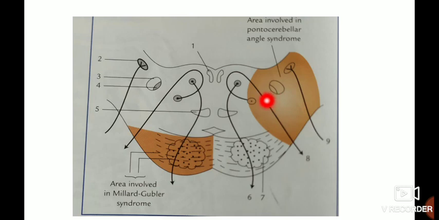Due to involvement of the cerebellar peduncle, there is ipsilateral ataxia and staggering gait. Involvement of the facial nerve would lead to ipsilateral lower motor neuron type of facial palsy. And involvement of the trigeminal nerve and trigeminal nucleus would lead to ipsilateral loss of pain and temperature sensation and loss of corneal reflex.